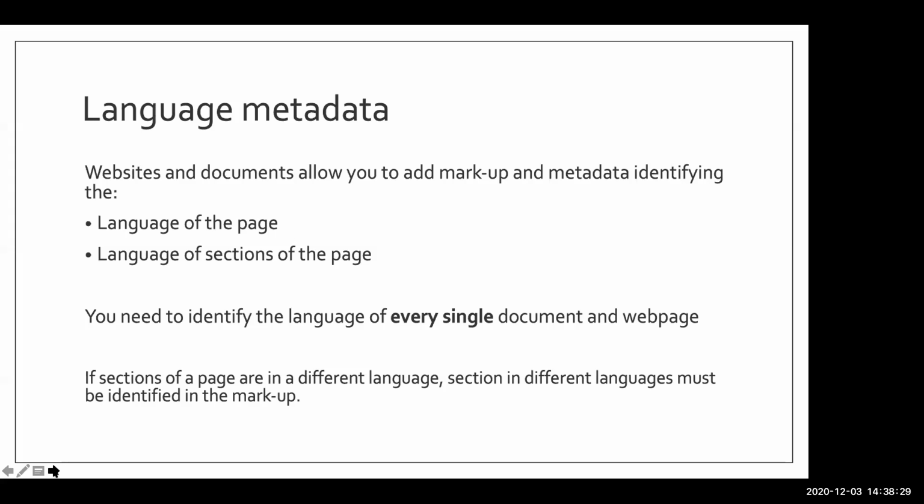Furthermore, for web pages, you can identify if there's a section of the page that's in a language other than the default language of the page. So if you have a page, for instance, about tours, your website is in English, right? And the majority of the content is in English, and the initial introductory information is in English.